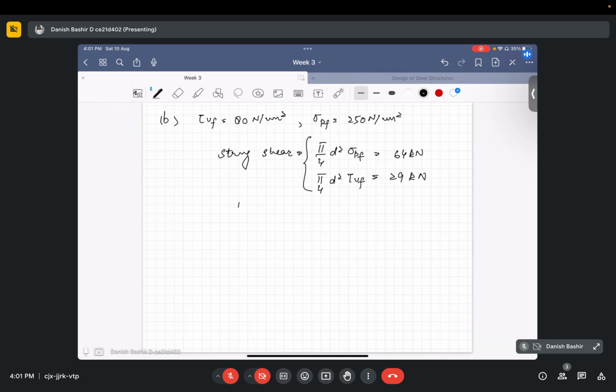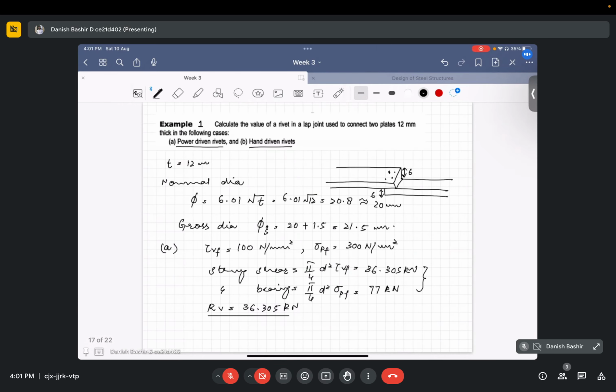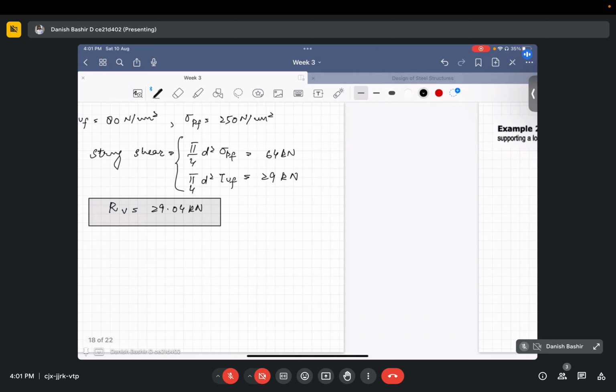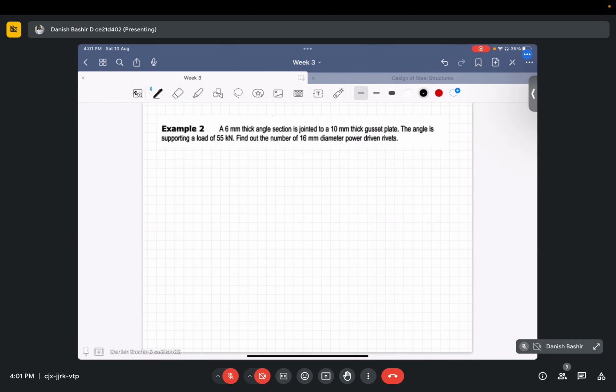So the rivet value for hand driven rivets comes out to be 29.04 kilonewton. So from this you calculate the rivet values. The rivet value is actually the strength of the rivet either in shear or bearing, the minimum of the two.